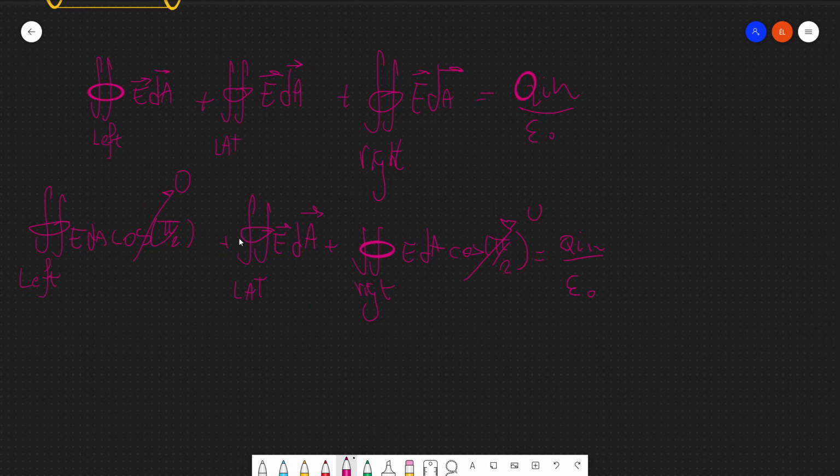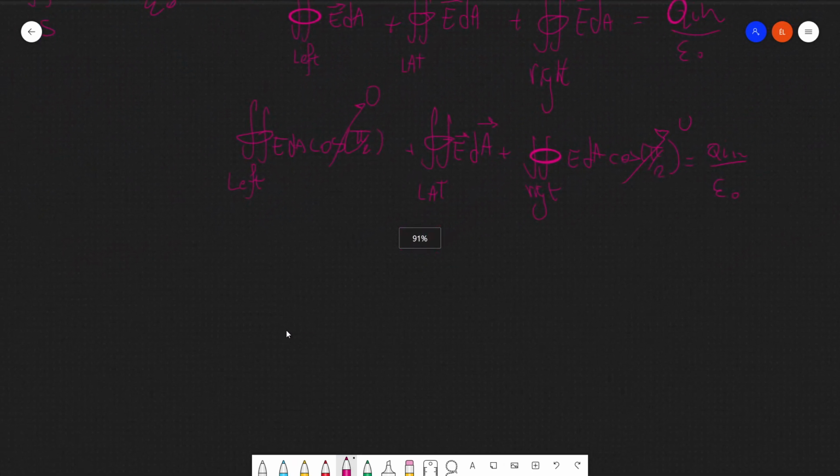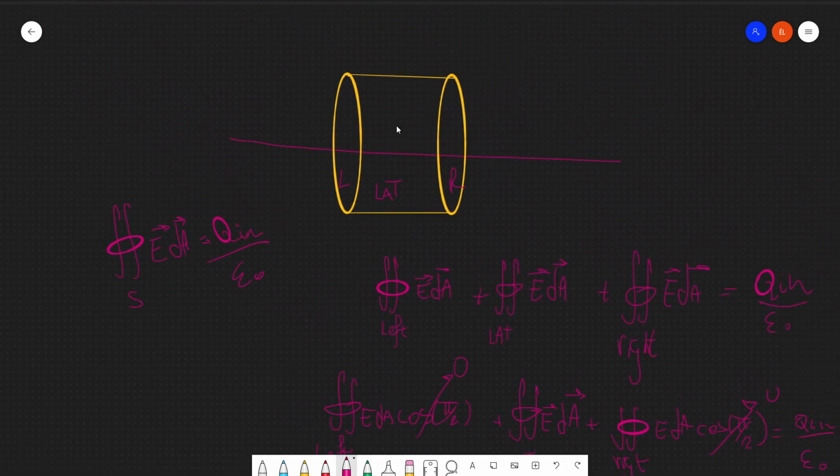The left and right terms are 0, which leaves us with the following equation: the lateral integral must equal Q in over epsilon 0. However, something else you might notice is that if I take a small piece of this area, which is known as dA, it is pointing outwards.